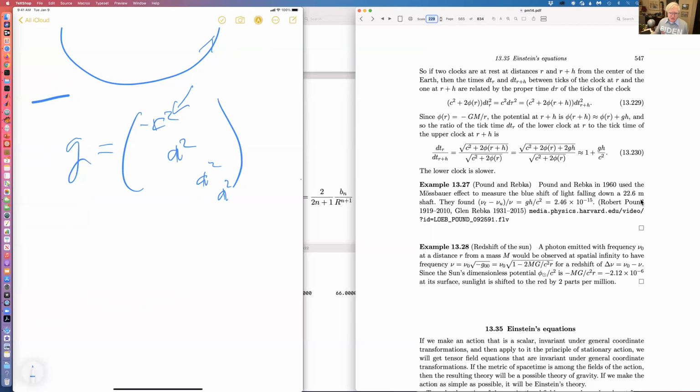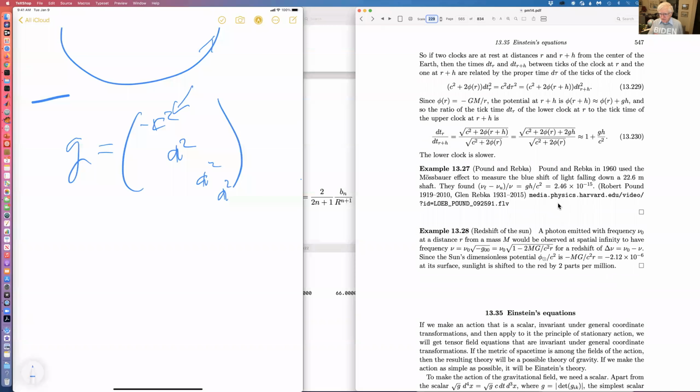What they used was one of the staircases in the physics building at Harvard. So it was a very cheap experiment. They used the Mossbauer effect, and they found that the shift in frequencies was 2 parts in 10 to the 15th.